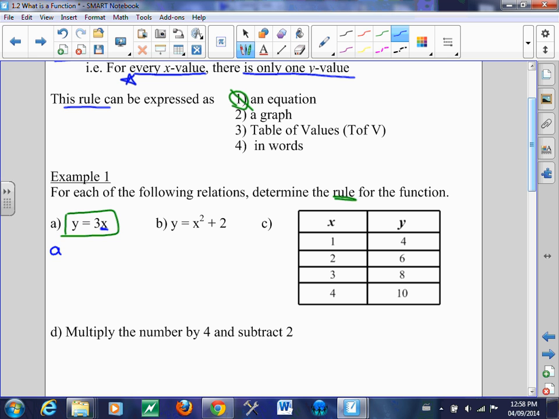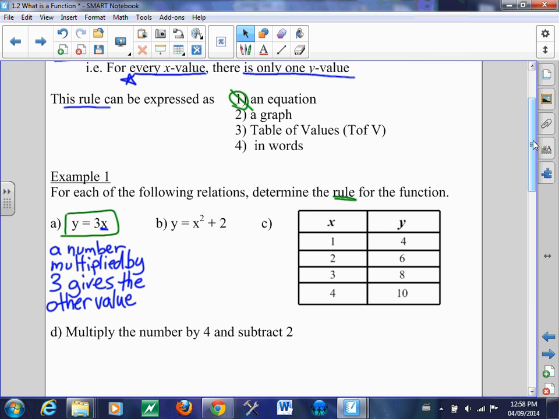We take a number, and then we multiply by 3. So multiplied by 3 gives the y, which is the other number or value. Okay, it doesn't matter. Or you could say the input number is multiplied by 3 to get the output number.